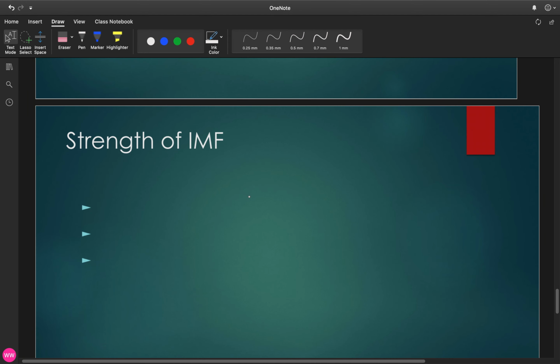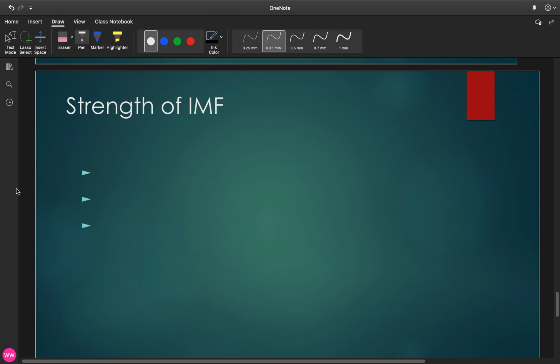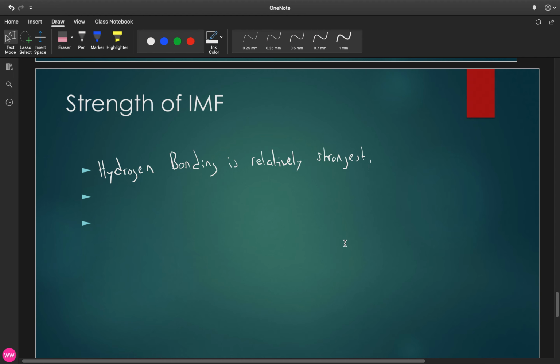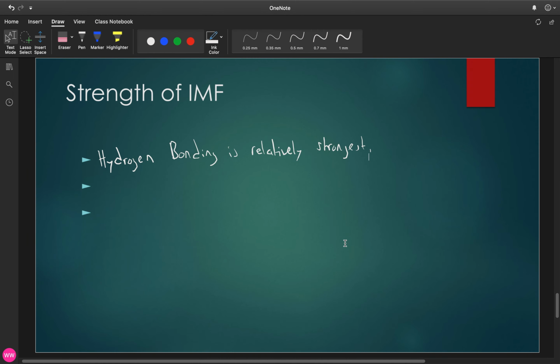So it's important to note a couple things. The strength of intermolecular forces helps us predict some bulk scale properties of these molecules. So what we want to know is that hydrogen bonding is relatively the strongest. And the reason I say relatively is because it can be weaker than other types of intermolecular forces.